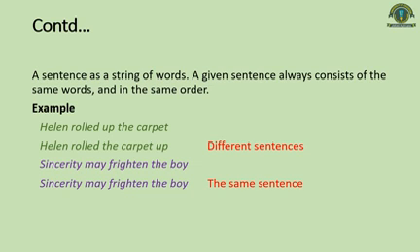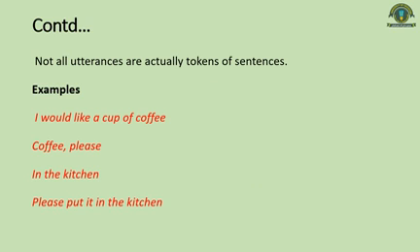So the meaning of an utterance involves the meaning of the sentence plus all the circumstances, place, people. We cannot say that all utterances are tokens of sentences, but sometimes only of parts of sentences, for example, phrases or single words.